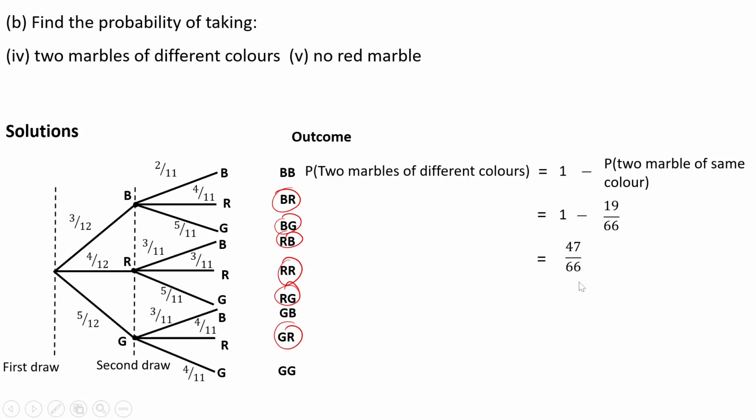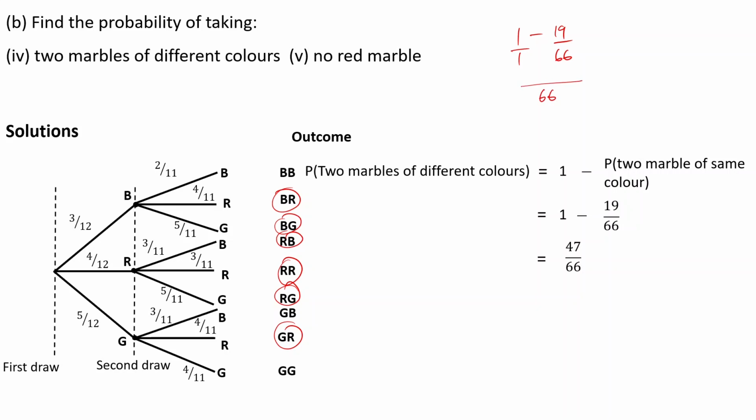Because if you want, you can do 1 minus 19 over 66. So this, you make it as a fraction as well. The common denominator is 66.